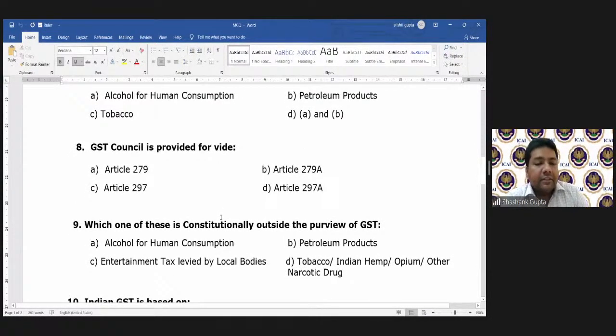Next, GST Council is provided for which article? A, Article 279, B, 279A, C, 297 or D, 297A.